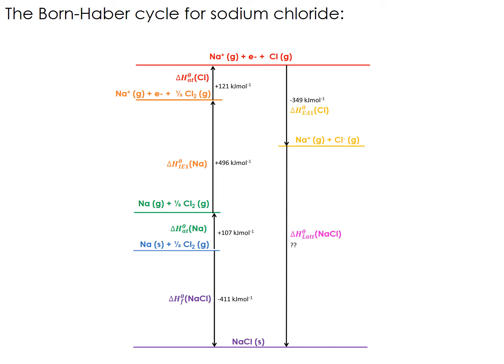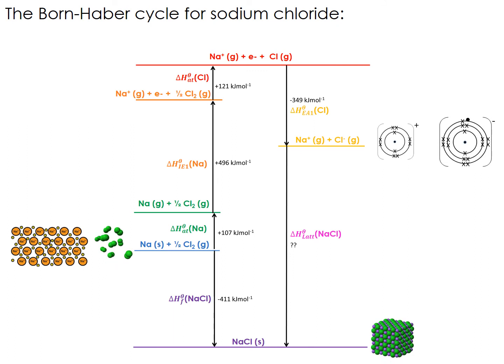So this is the whole Born-Haber cycle for sodium chloride. Remember, we've got a starting point for this story, which is the elements in their standard states under standard conditions. So here, a giant metallic lattice of sodium. Here, half a mole of Cl2 gas. The sodium lattice breaks. The Na atoms, gaseous, lose 1 mole of electrons to produce 1 mole of Na+ ions and a mole of electrons as well.